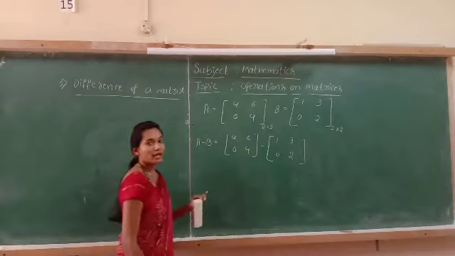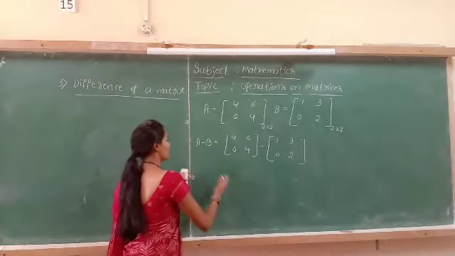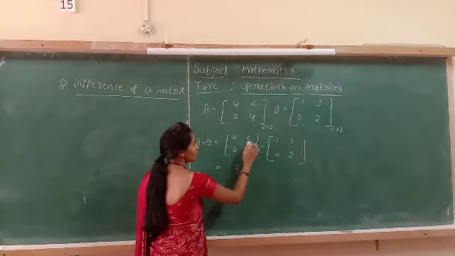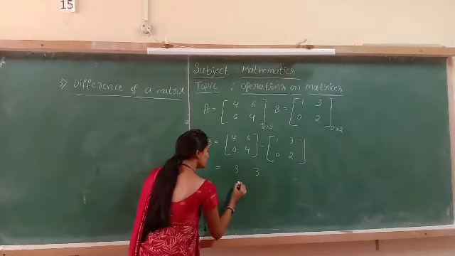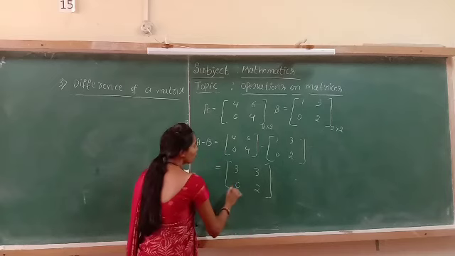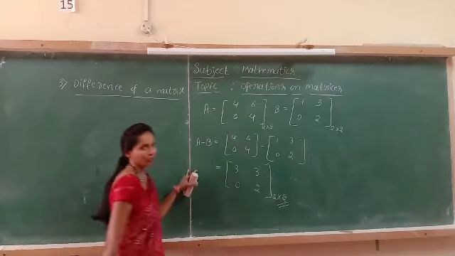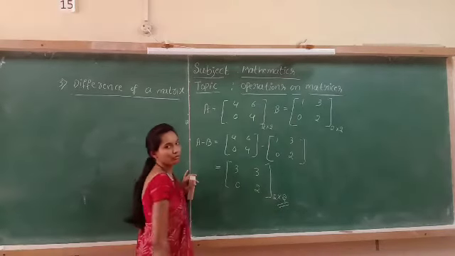We have to subtract the corresponding elements of A and B. So A minus B is 4 minus 1, that is 3, 6 minus 3, that is 3, 0 minus 0, that is 0, 4 minus 2, that is 2. The final matrix also has the order 2 cross 2.